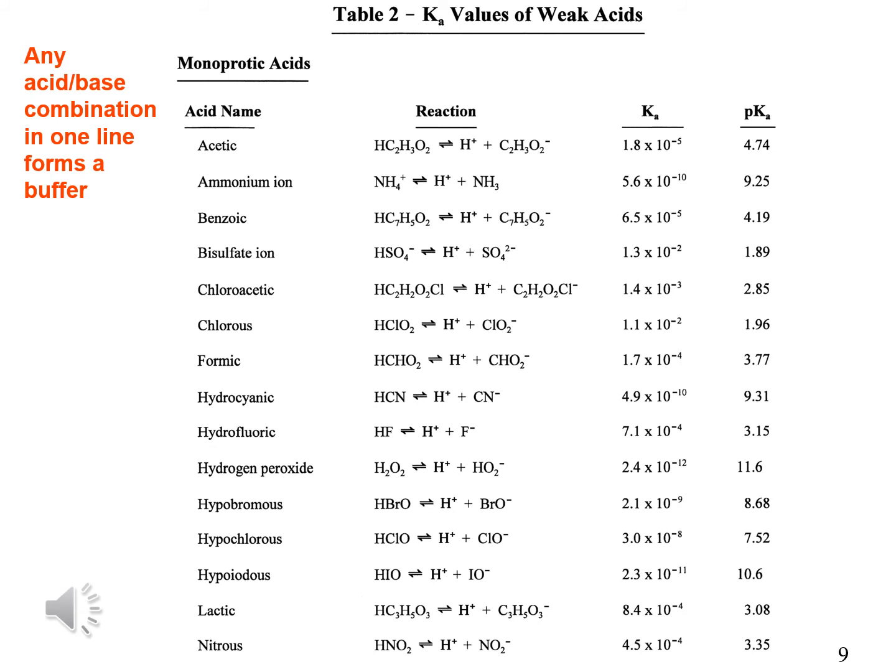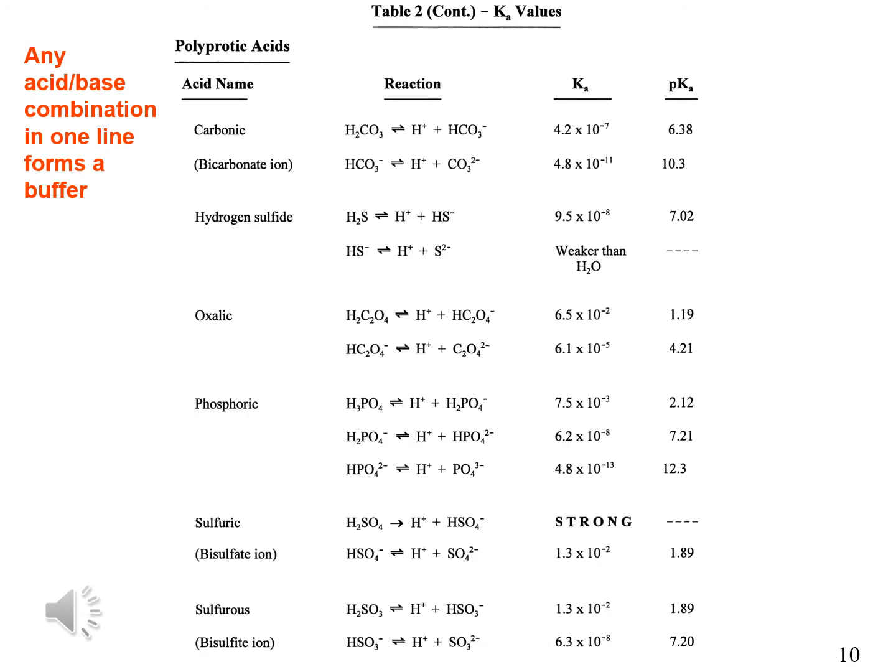And now, in addition to that, it is also a list of buffers, because anytime you mix the weak acid on the left with the conjugate base on the right, that mixture makes a buffer because that's the definition. And that also holds for the diprotic acids on the back of the table.